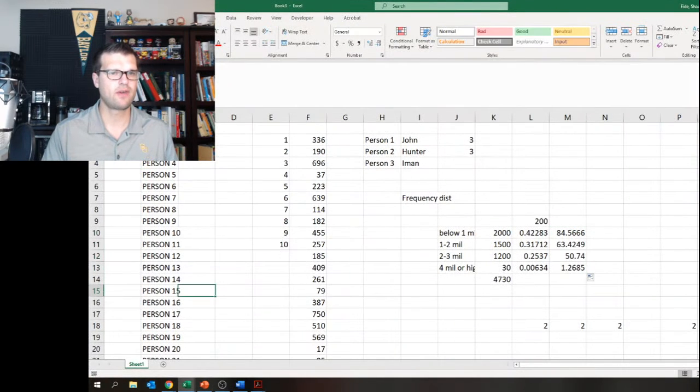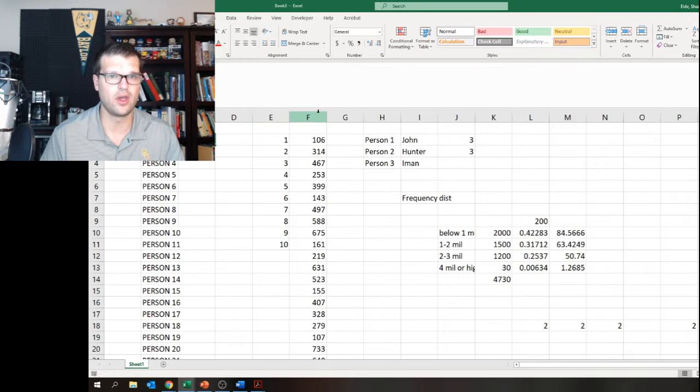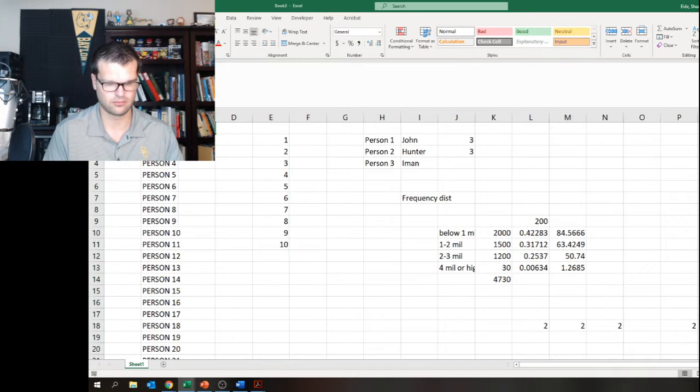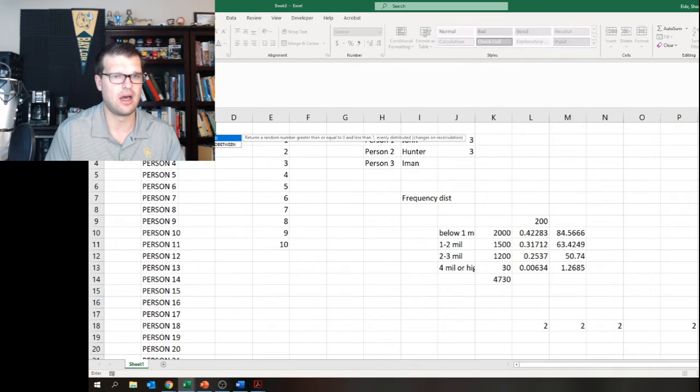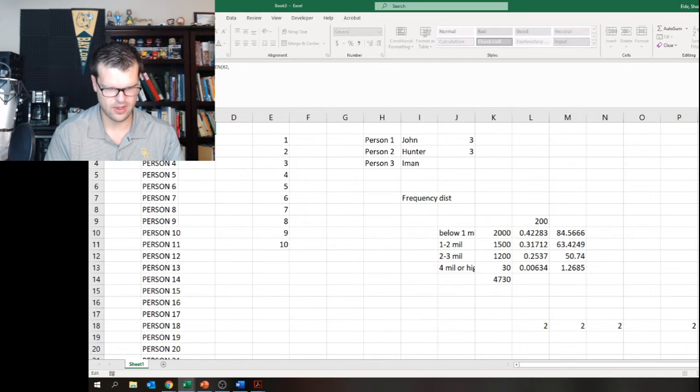Let's do this. We've got all these individuals, and their heights are anywhere between 60 inches all the way up to, let's say, 72 inches. So we're going to do equals RAND between 62 and 70.